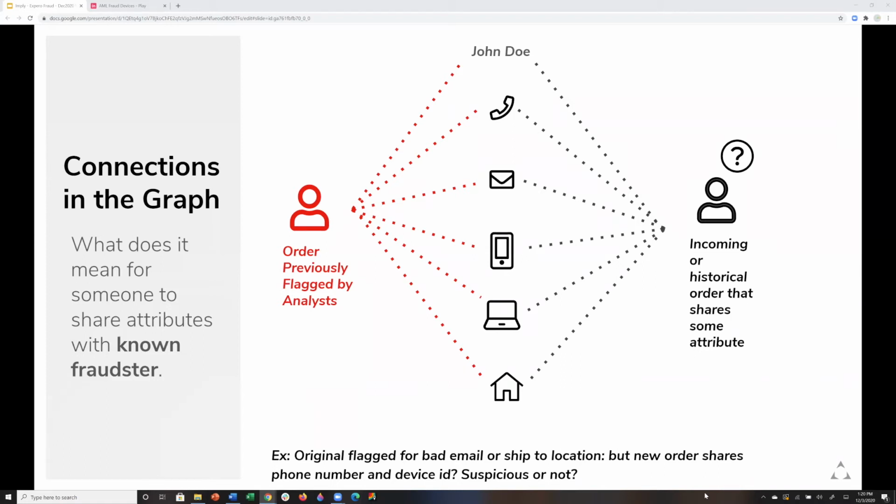So it's not so problematic if I share a name, particularly if it's a reasonably common name. But suppose a new order comes in that shares a cookie or an IP address or a phone number or what have you. Shared features on their face are not automatically problematic, but there is some heuristics depending on which features you happen to share.